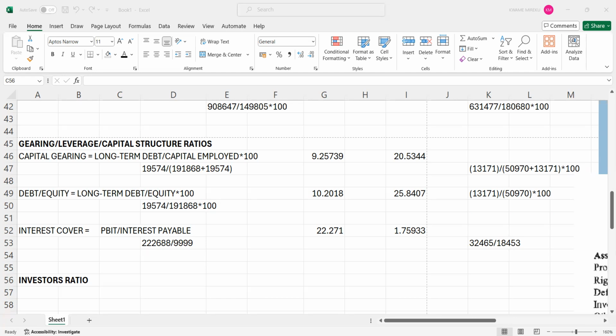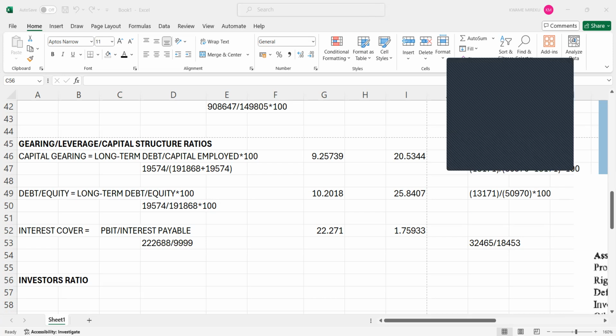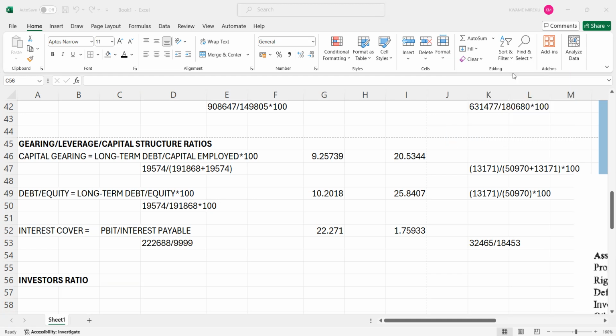Okay, now let me go into the main financial statement. Do you have a fair idea of the number of shares of the company? This one is like a picture, so it's difficult searching. Let's go to the main financial statement. Do you have a fair idea of the number of shares in Unilever?